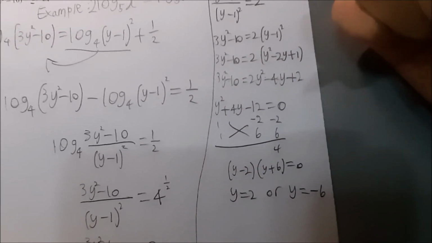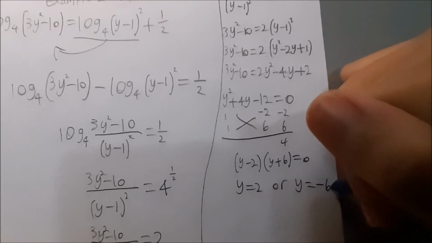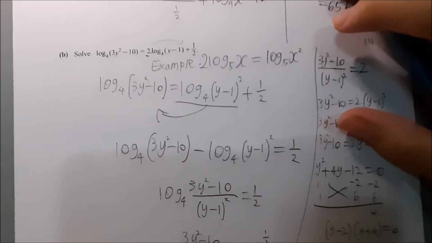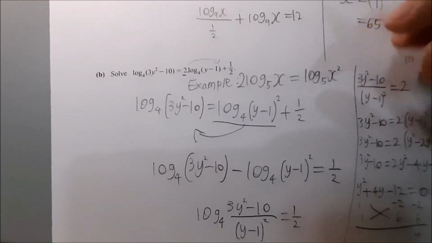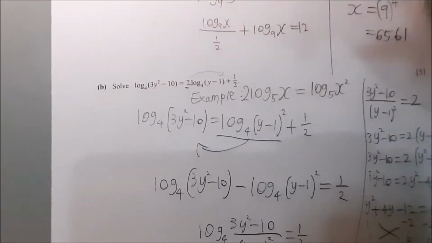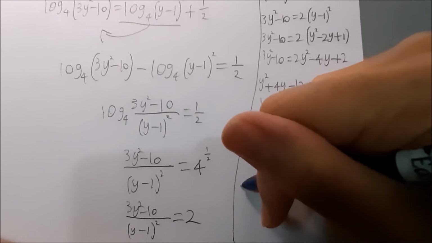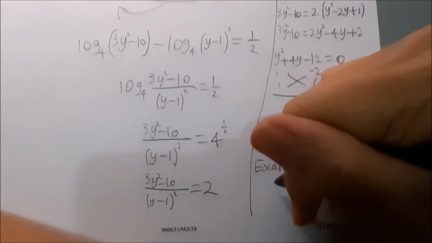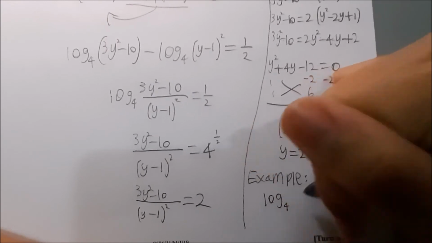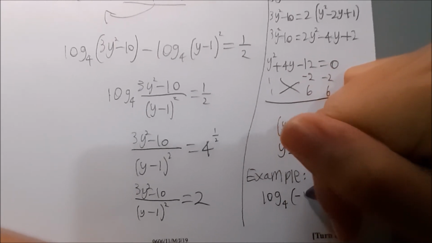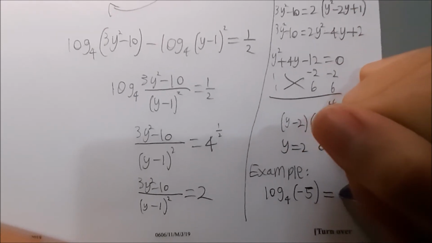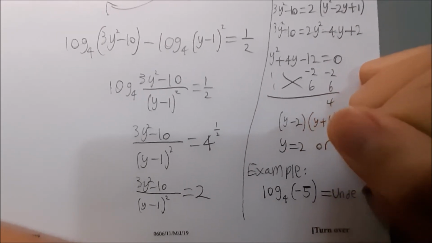But you see, if it's negative 6, a logarithmic function can never take a negative. That means that, for example, if you have log to the base of 4, and let's say you have a negative number like negative 5 or negative any number, it will become undefined.